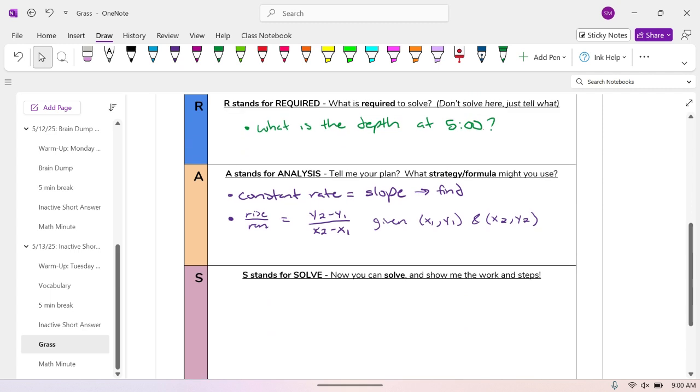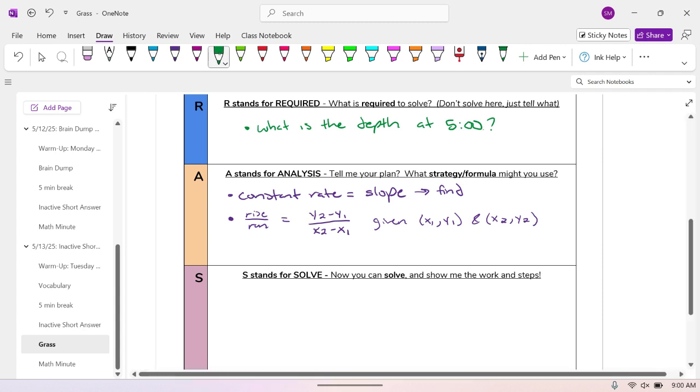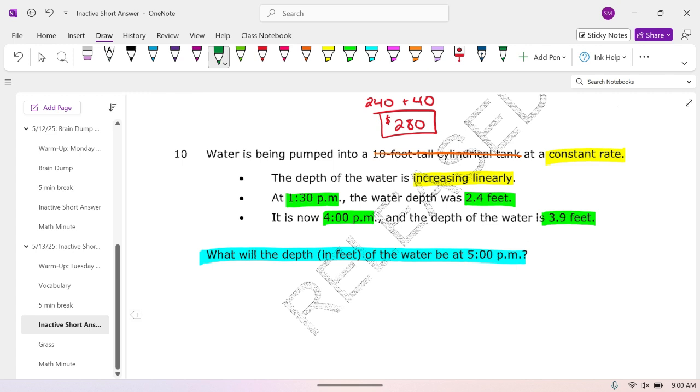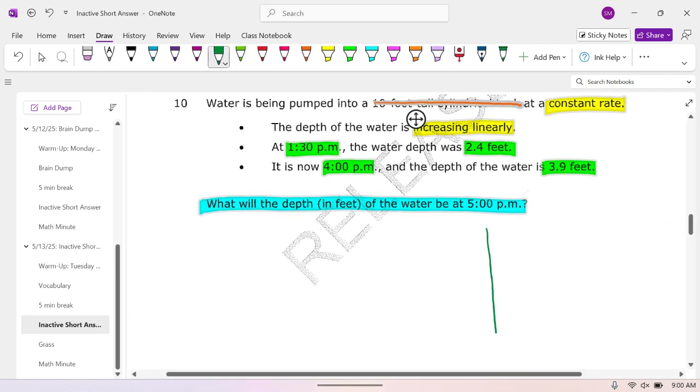In terms of solving, I think a table is the best way to go about this. So let's draw a table to represent what we got. So I'm going to draw a quick table.